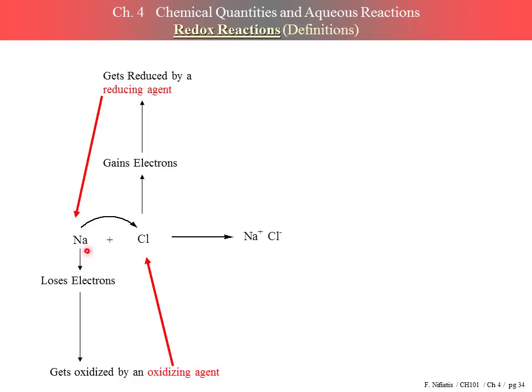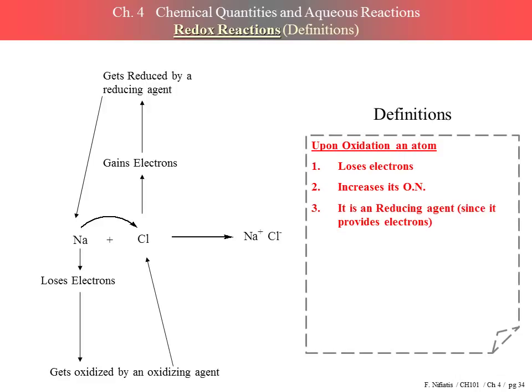It enables the sodium to get oxidized. So, the chlorine is the oxidizing agent. The sodium is getting oxidized by the oxidizing agent. So, if something is getting reduced, it is an oxidizing agent. And if something is getting oxidized, it is the opposite, the reducing agent.